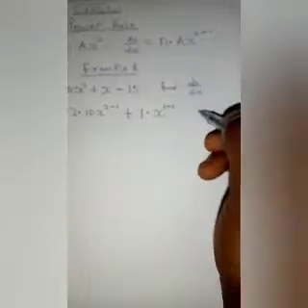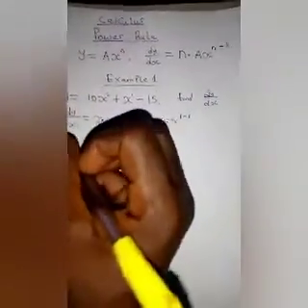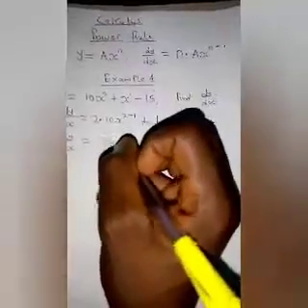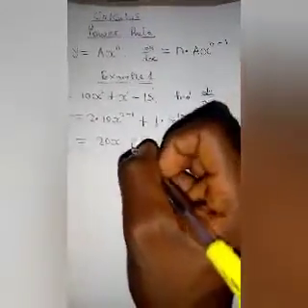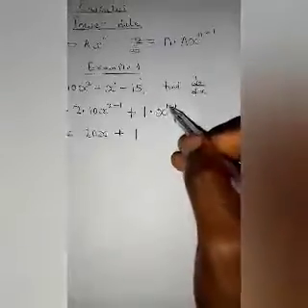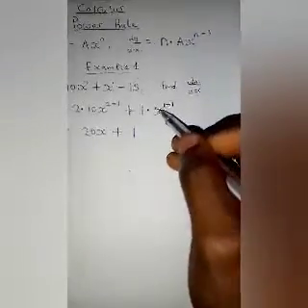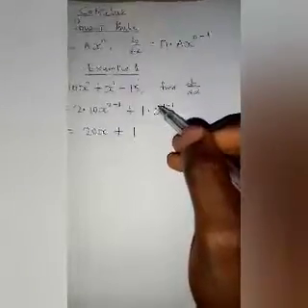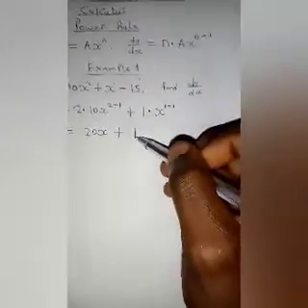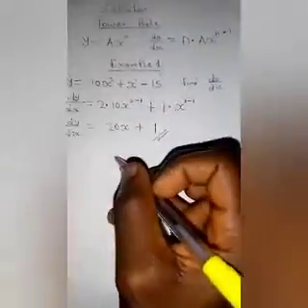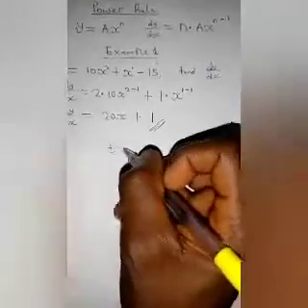Our constant will give us 0, so that dy over dx will equal 20x plus 1. Here 1 minus 1 gives us 0, and x to the power of 0 equals 1, so 1 multiplied by 1 is 1. So dy over dx equals 20x plus 1.